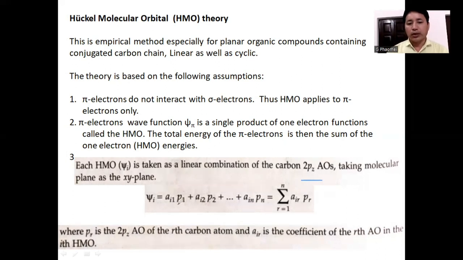For example, if you have n carbons, then the first can be written with coefficients and the p orbital wave functions, then 2, 3, 4, 5, up to n, and we can write it as a summation of the coefficients times the p_r. Here p_r is the 2pz atomic orbital, r is the carbon atom, and c_r is the coefficient of the r-th atomic orbital in the molecular orbital.